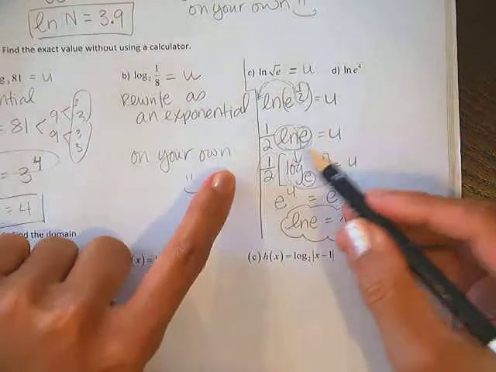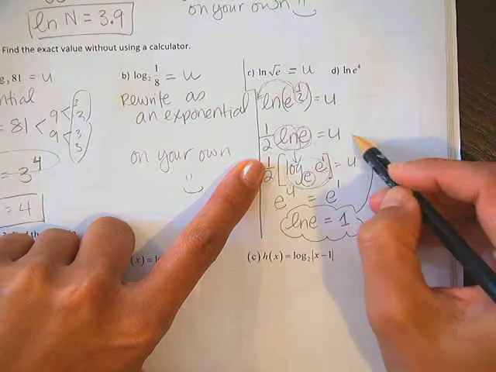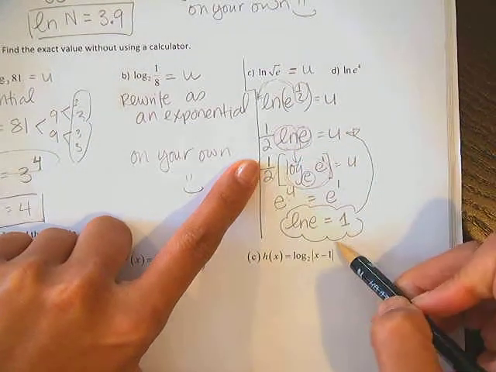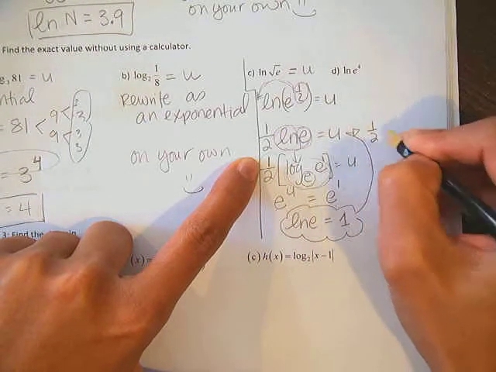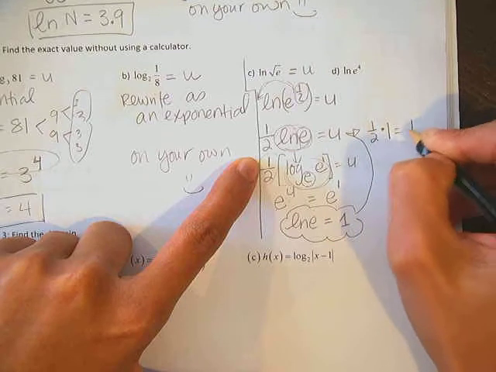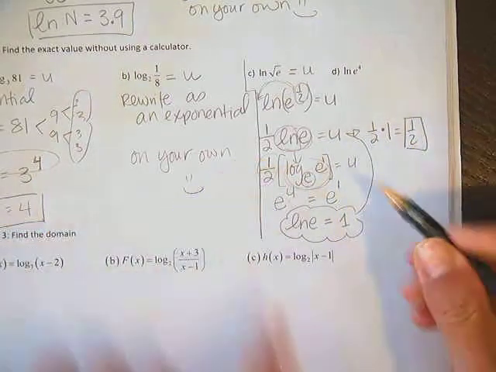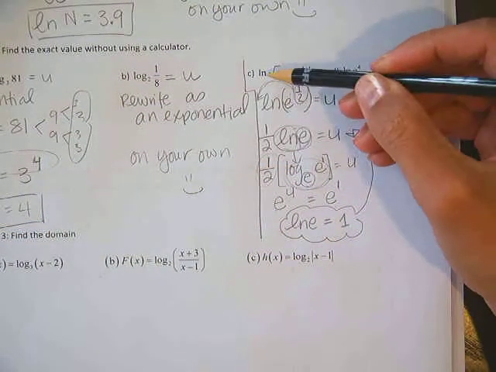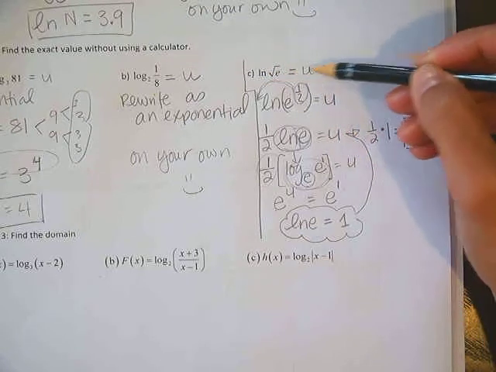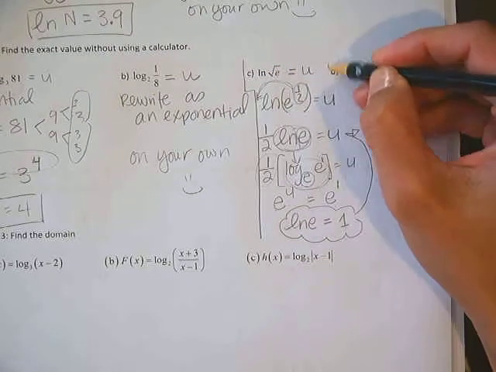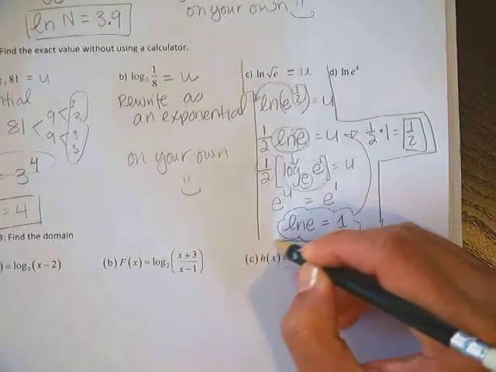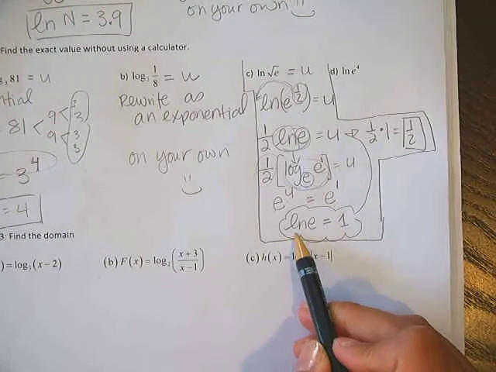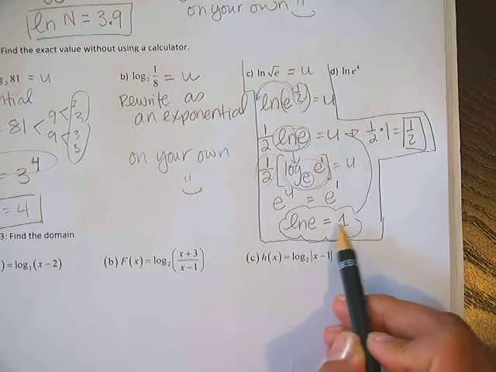Back to this piece: if ln of e is always 1, what's 1 times a half? It's always 1/2. So ln of square root of e equals u means u becomes 1/2. And that's why from now on you have to understand that ln of e is always 1.